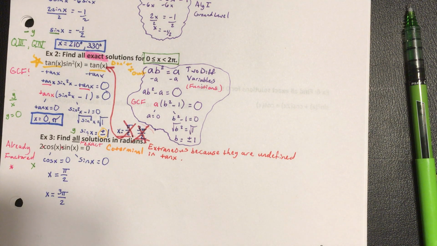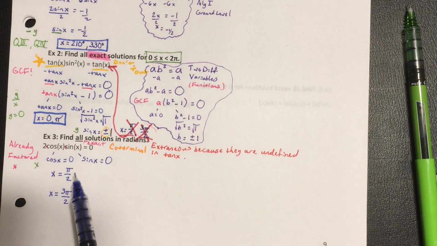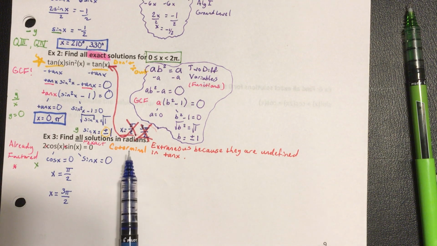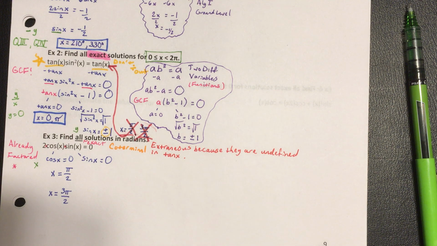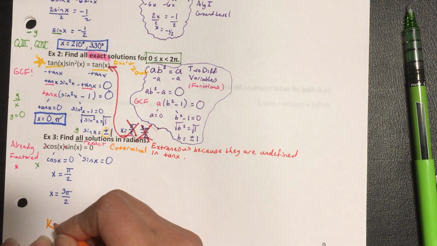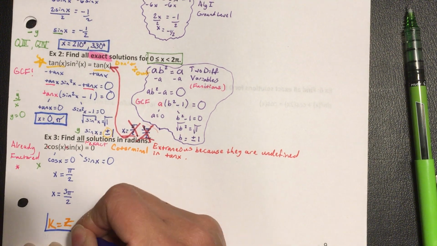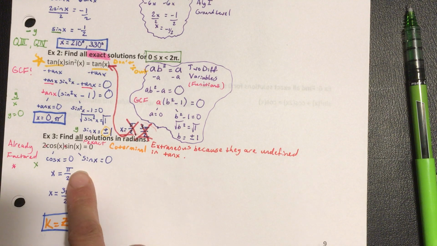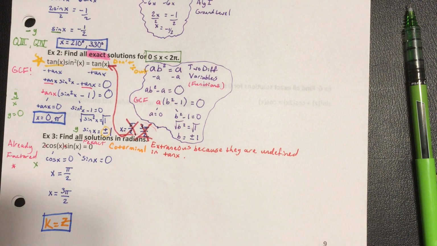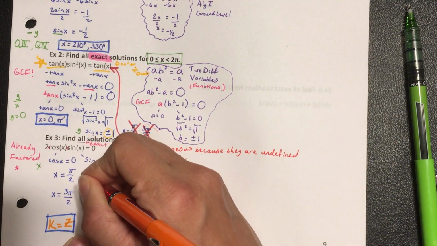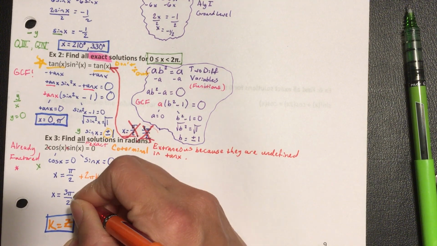So that accounts for the angles that have a cosine of 0, but because we are also looking for any coterminal angles as part of our solution, we first have to define k to be equal to all the integers: -2, -1, 0, 1, 2, all the way to infinity and negative infinity. And then to each of these solutions, we are going to add 2 pi k.